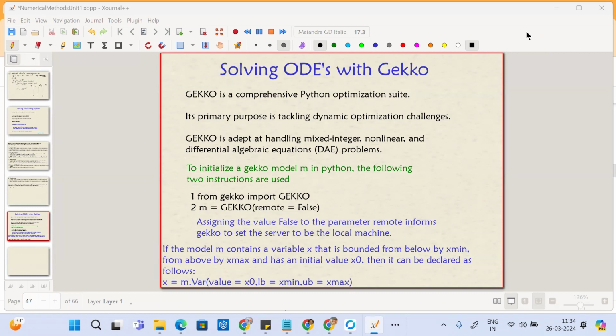Therefore, you can do that by using m.Var. You can show the value, the initial value, which is x naught, the lower bound lb, which is x min, and the upper bound ub, which is x max. This is the information I provided. Now, it is up to you to do the project. One of the groups will have to do this Gecko project.